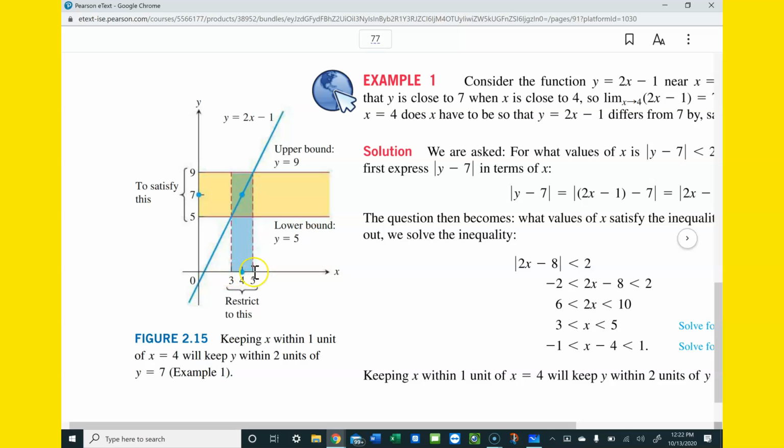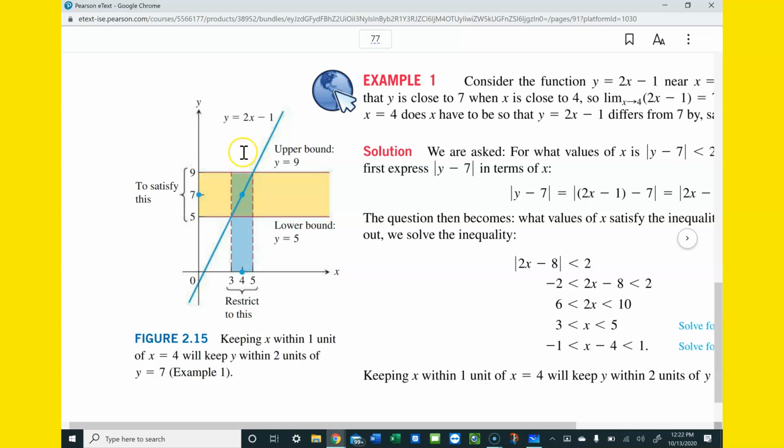And so the scholar then says, look, I'm going to answer your doubt by finding values for the delta here, the distance from this c value. I'm going to find these to make sure that we are going to be within 2 units of 7.